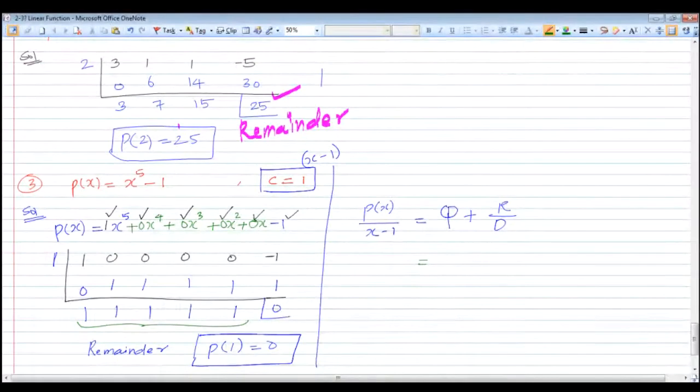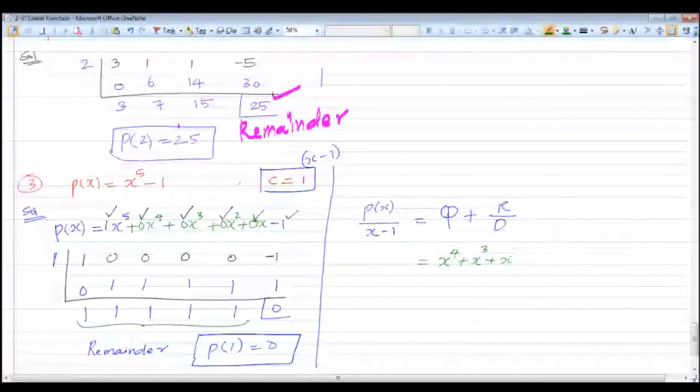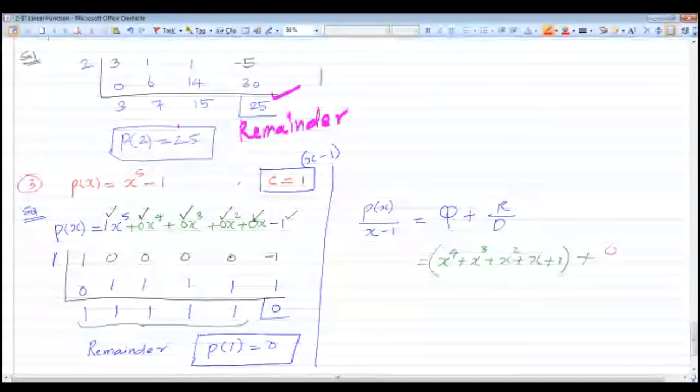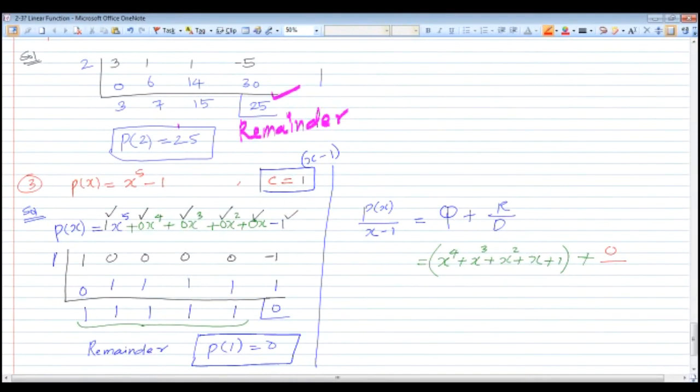Q is x power 4, x power 3, x power 2, x plus 1. Very good. This is the quotient. Plus what is the remainder? The remainder is 0 over the divisor, x minus 1. So this is directly 0.